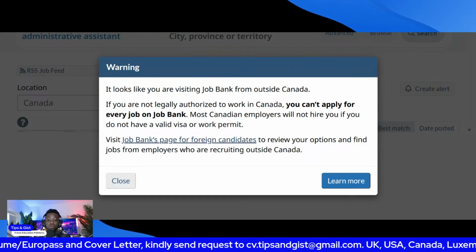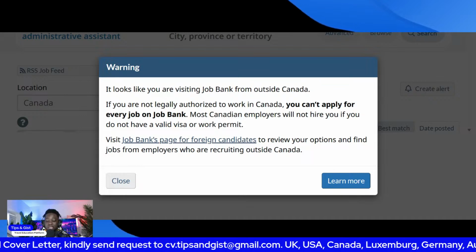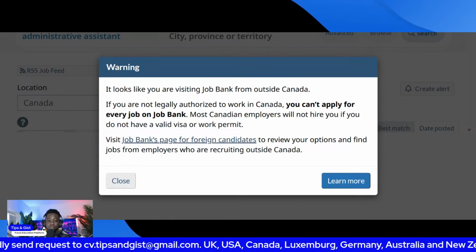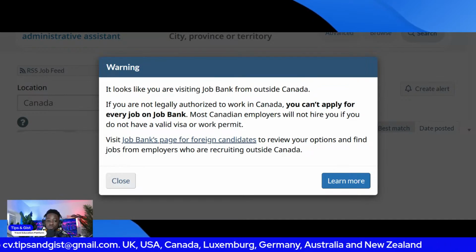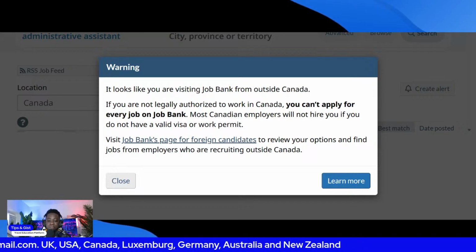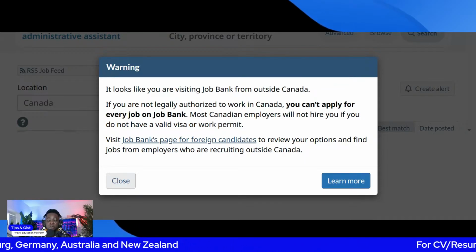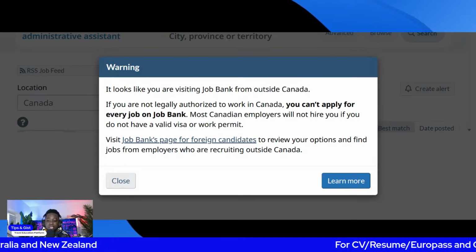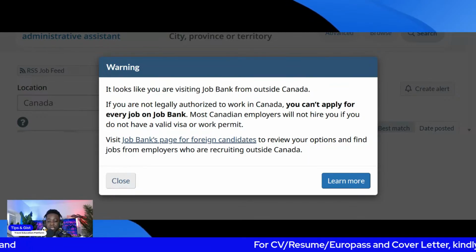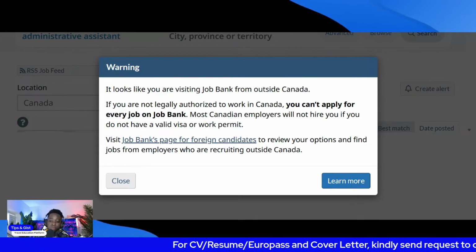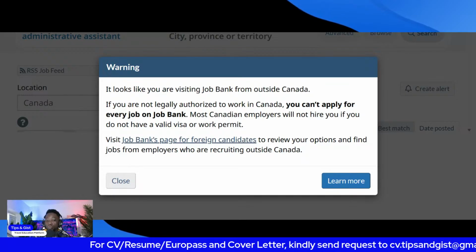Most Canadian employers will not hire you if you don't have a valid work visa or permit. Now, what do you have to do? They said you should visit Job Bank's page. So there is a page on the Job Bank that is meant for foreign candidates. You are a foreign candidate. So there is a particular page on that same Job Bank website that is meant for you.